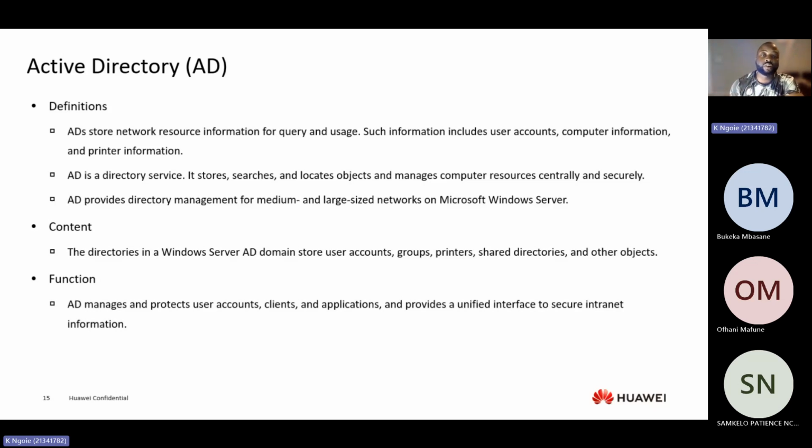So, the content of an AD directory. Active Directory will store various objects, right? Like your user account. The user account will include, for example, your login names, passwords, and the permission to access certain files.